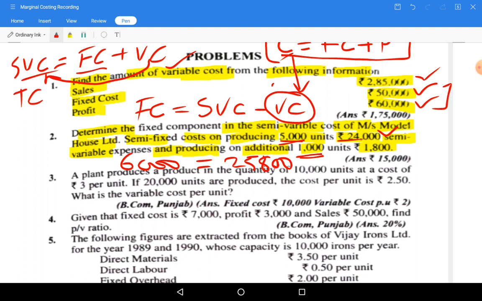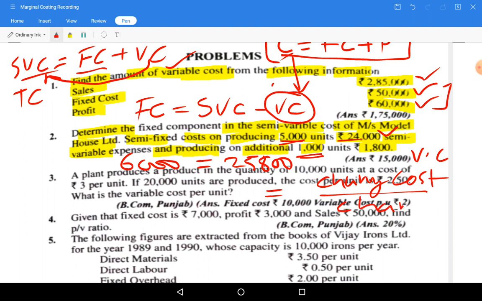Now we need to find out variable cost per unit. If we know variable cost, then we can calculate the fixed cost. If you deduct variable cost from the semi variable cost, you will get fixed cost. So here, the variable cost formula is equal to change in cost divided by change in units.